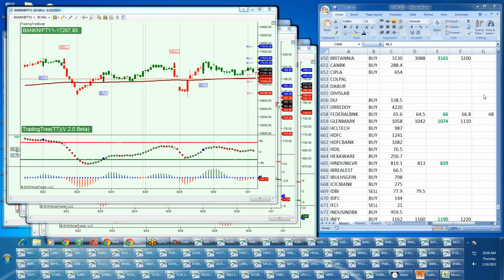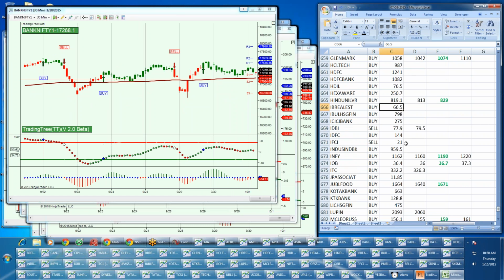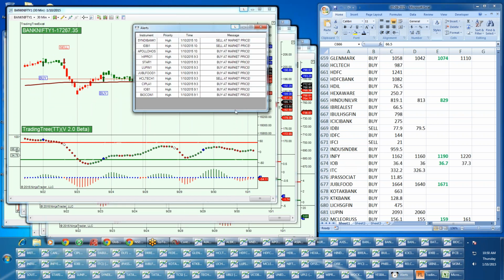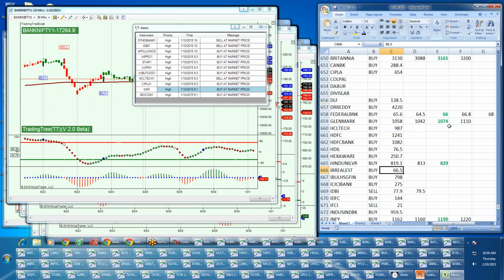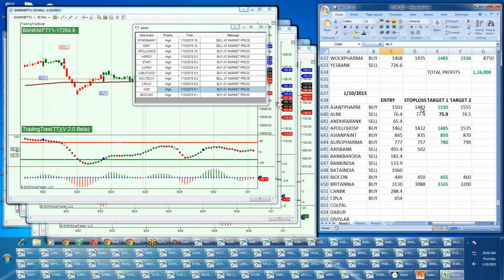In case the market further goes down, all your sell calls will get triggered, and you'll have fresh calls again. So to see what are the calls that got generated today, these are the calls that we had in the morning. But otherwise, we had all the prices for the trades before the market opened.